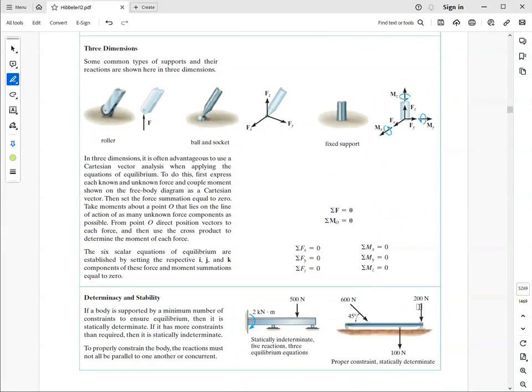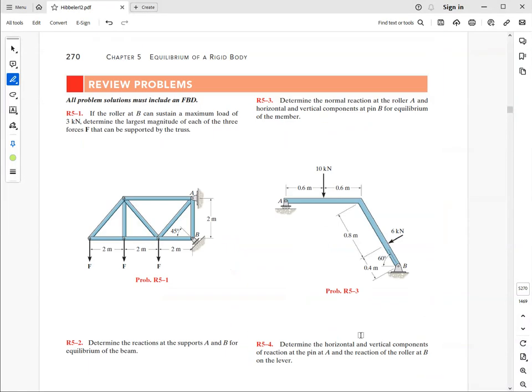Okay, and then stability and determinacy. So too many reactions over the number of equations that can be written, or unbalance of forces or moments due to insufficient constraints in the system.